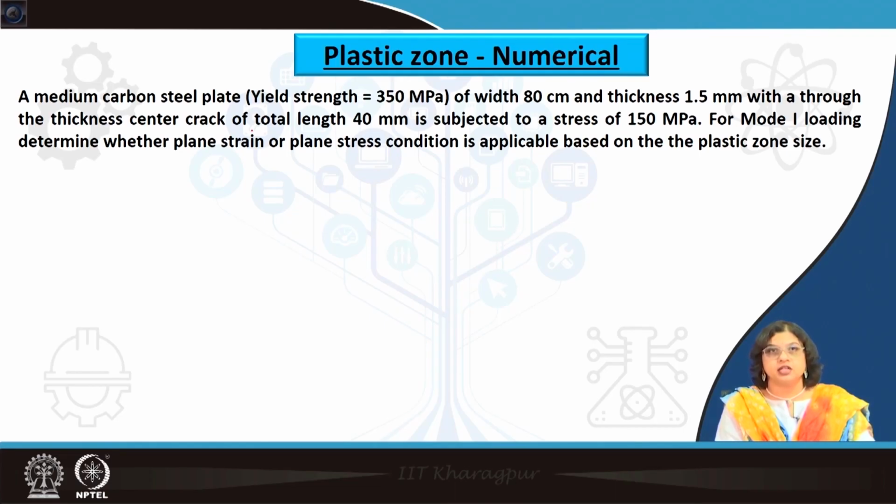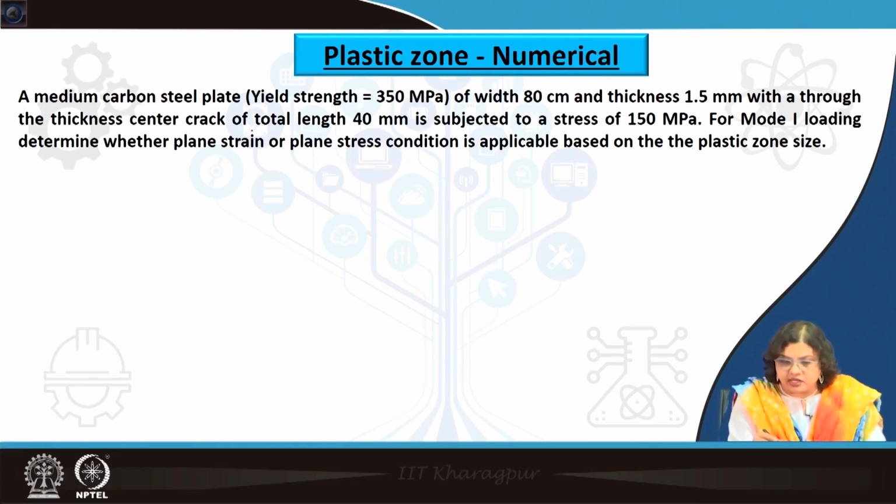It has a through the thickness, that means a center crack of total length 40 millimeter, and it is subjected to a stress of 150 MPa. For mode 1 loading, we need to determine whether plane strain or plane stress condition is applicable, and for that the first thing we need to determine is the plastic zone size for both the conditions.